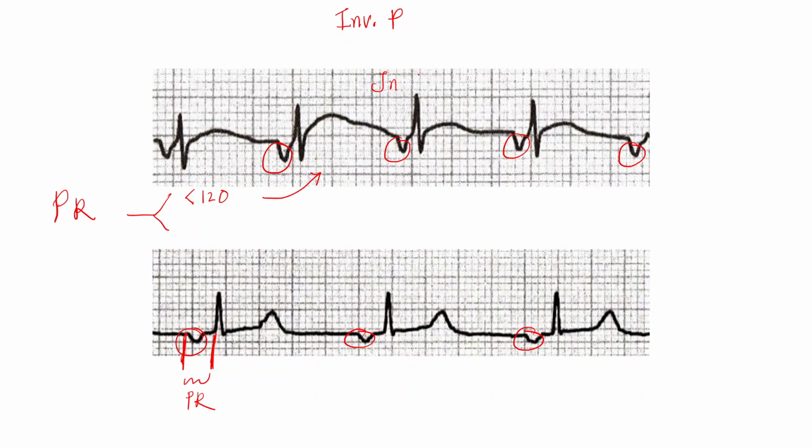If the PR interval is more than 120 milliseconds, it is ectopic atrial rhythm. So whenever there is an inverted P wave, you look at the PR interval. If it is less than 120 milliseconds, it is junctional rhythm. If it is more than 120 milliseconds, it is ectopic atrial rhythm.